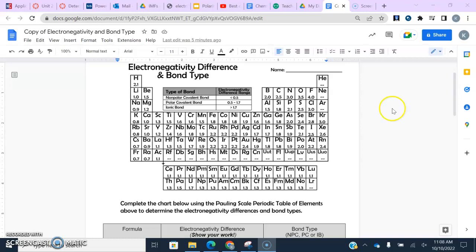So it makes sense that as we go from left to right across the table, those electronegativities are increasing, because our nonmetals over here on the right-hand side are looking to fill their octet, and they're looking to gain electrons. So they have an affinity for taking those electrons. So their electronegativities are going to be higher than our metals that are looking to get rid of them, that are looking to donate them. So our electronegativities are increasing from left to right.